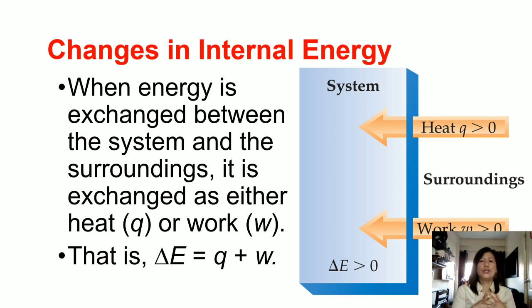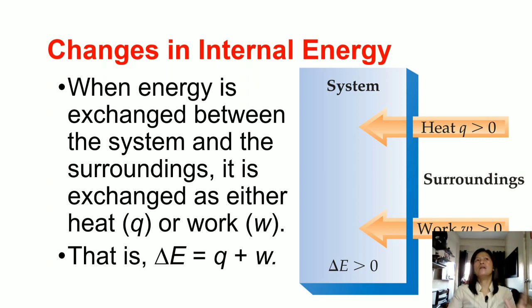Let's consider the system. In this case, using this illustration, to compute the change in internal energy, heat absorbed plus the work done by the system. Heat absorbed by the system plus the work done by the system is the change in internal energy. And that is always positive.